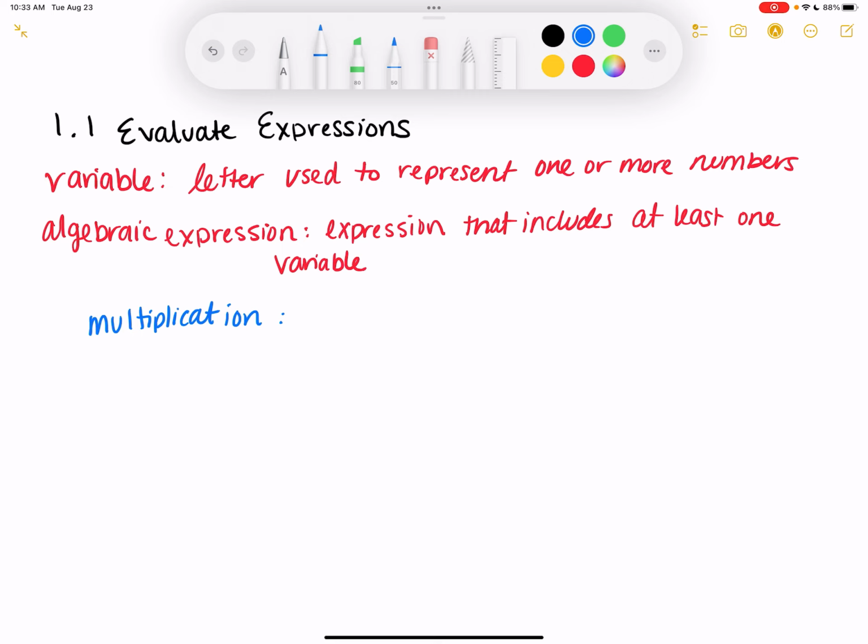If they do 5 and then a parentheses and an N inside the parentheses, that would be one way that they might write multiplication. Another way they might do it is 5 and then the little multiplication dot and then N.